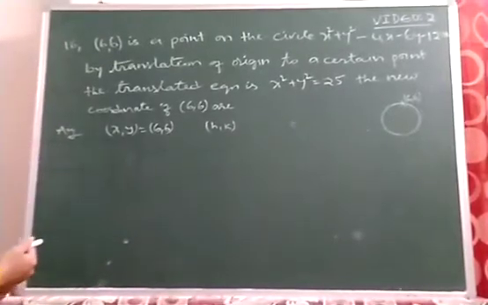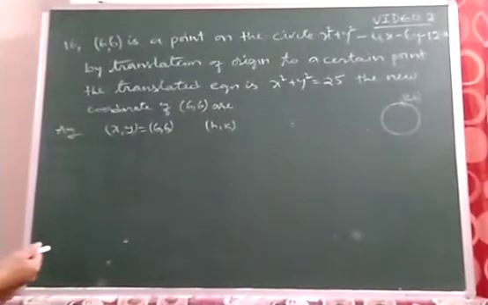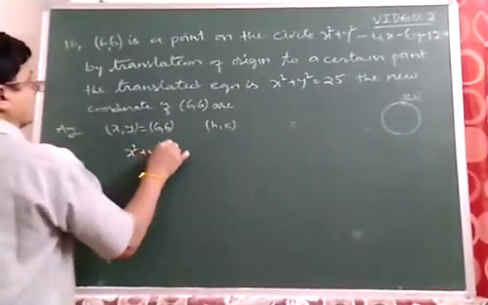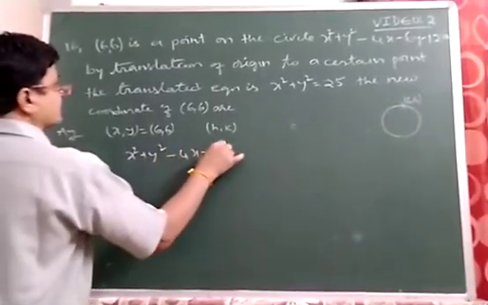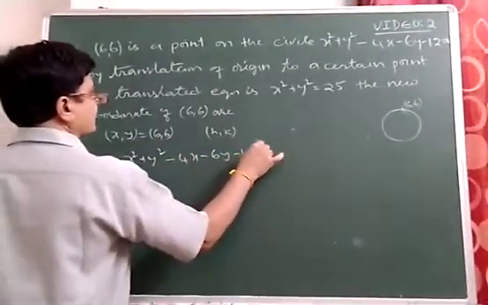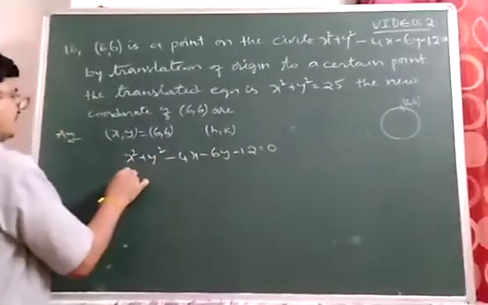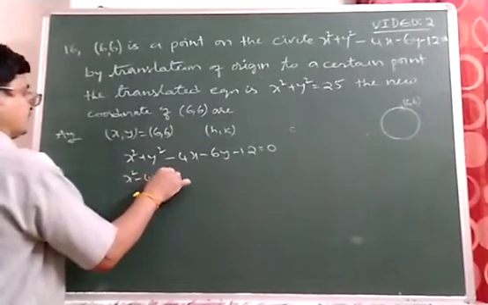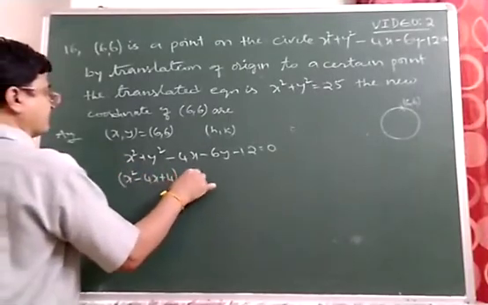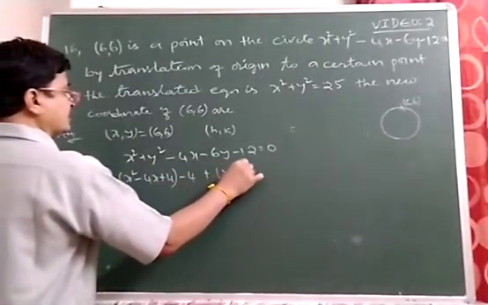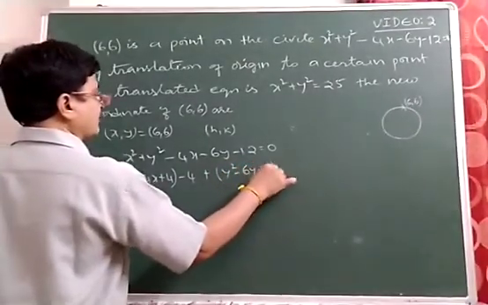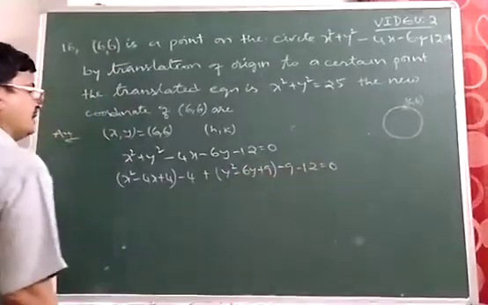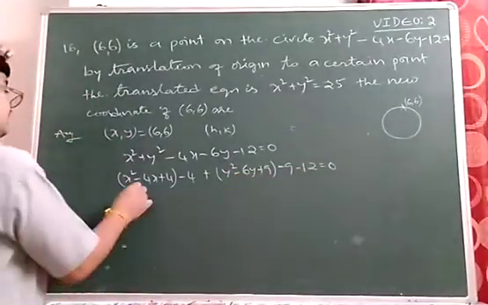So first of all we find the new origin by using the form x square plus y square minus 4x minus 6y minus 12 is equal to 0. Here we take x square minus 4x plus 4 and minus 4, plus y square minus 6y plus 9 minus 9, minus 12 is equal to 0. That means adding 9 and subtracting 9.